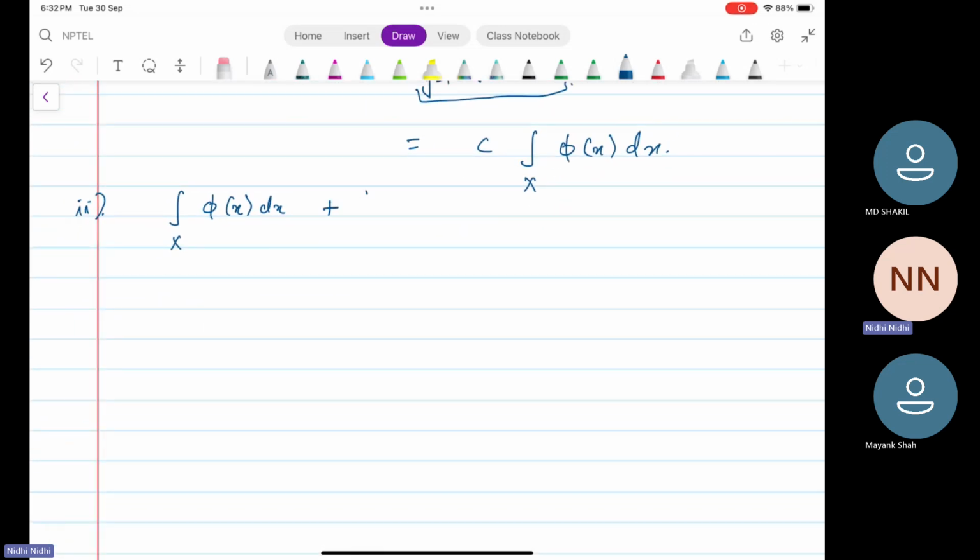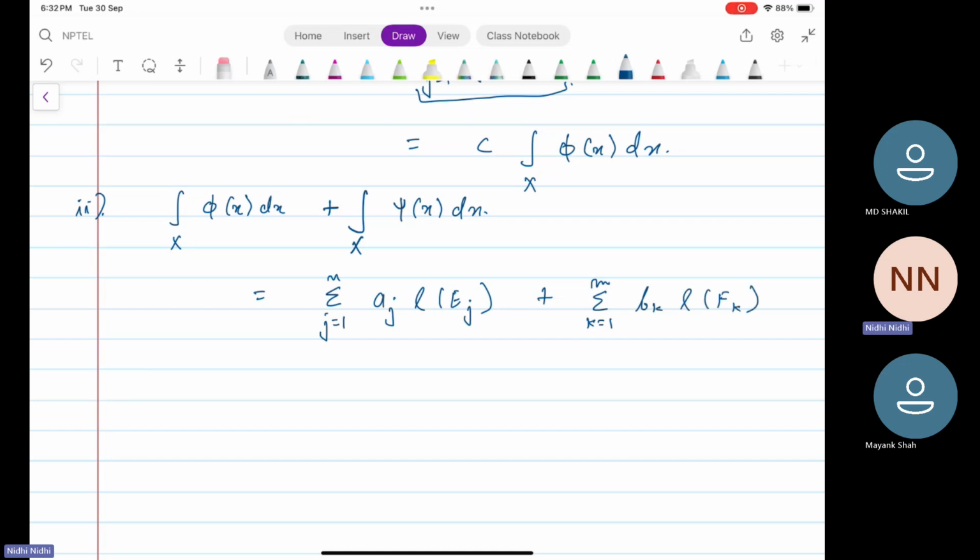This is the integral of phi plus the integral of xi, x dx. This is by the definition of the integral of step functions. This is equal to summation j from 1 to n of aj times the length of the interval ej, plus summation k from 1 to m of bk times the length of the interval fk.